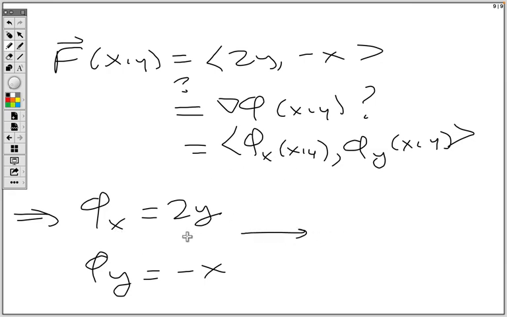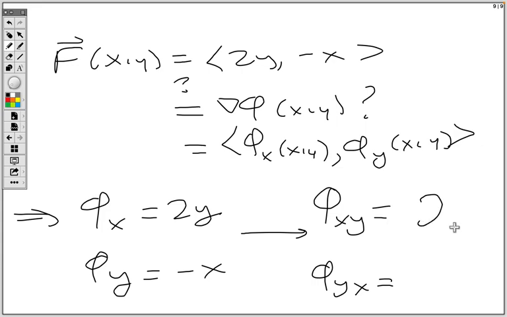So if phi x is 2y and phi y is minus x, we can check to see if the mixed partials are the same. So if I look at phi xy and phi yx, what do I get if I take the derivative of 2y with respect to y? What do I get? If I take the derivative of minus x with respect to x, what do I get?